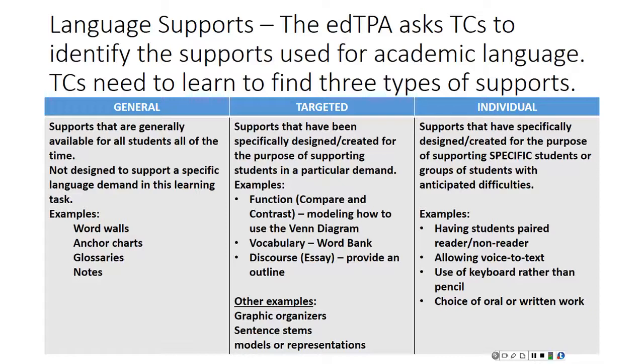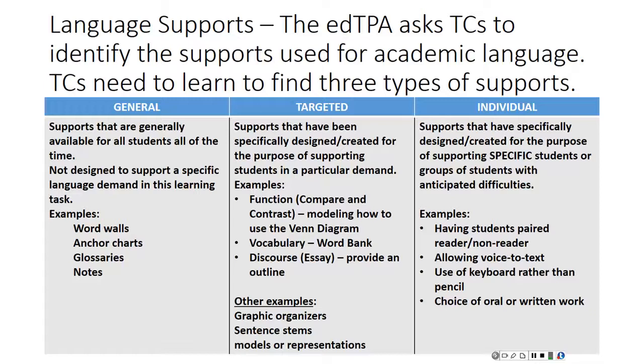A targeted support is a support that has been specifically designed, created, gathered, found, stolen from another teacher, that supports students, not particular students, but a particular demand.